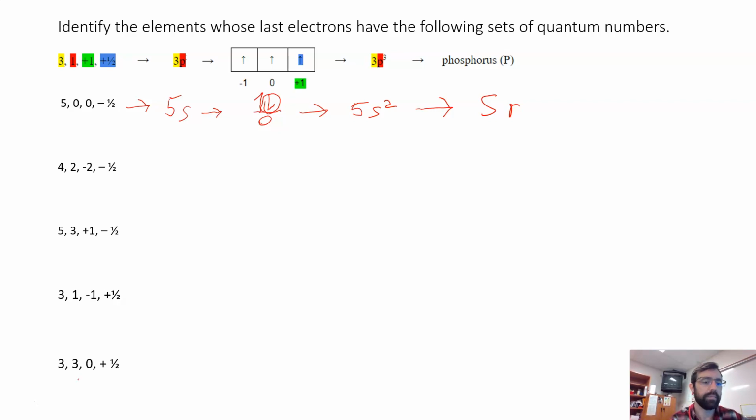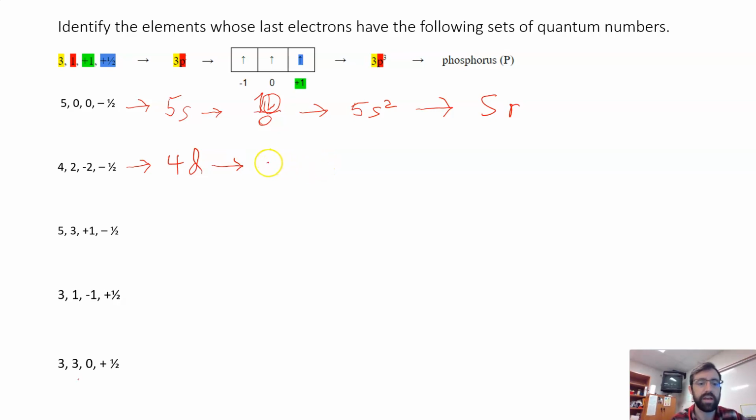Let's look at the next one. All right, this is 4, and then remember S is 0, P is 1, D is 2. So when I see 2, that means D. So this is 4D. And I don't know what the number is, so let's draw a D sublevel.